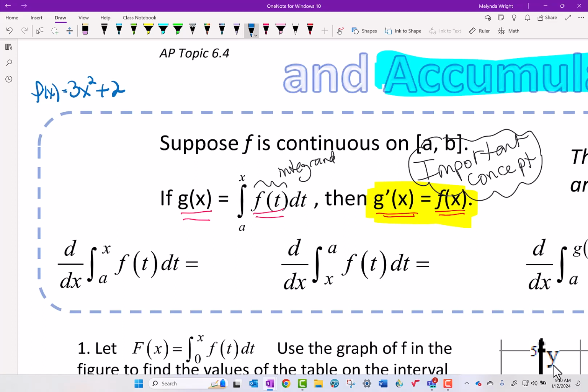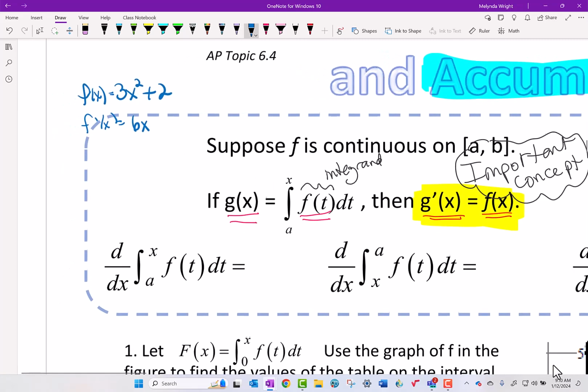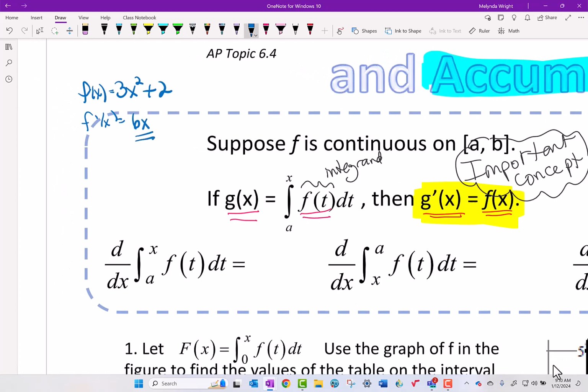So if I take the derivative of that, that would just be 6x. If I integrated this, it would put me back here with a plus c. Remember how we did that last time? So how they undo each other, they go back and forth. Okay, they undo each other.